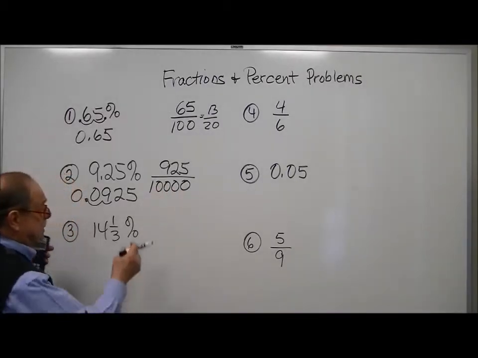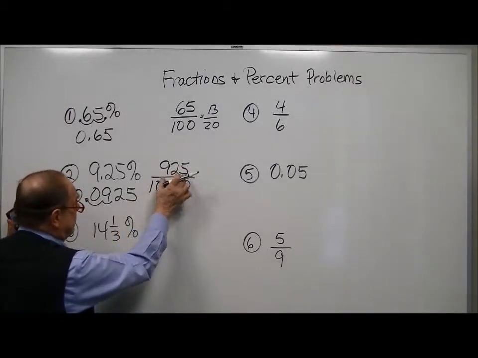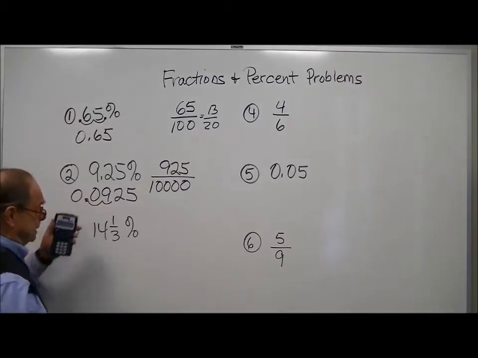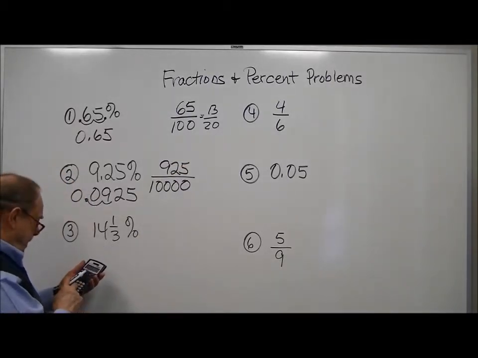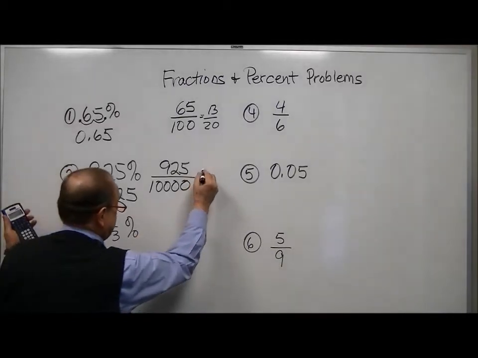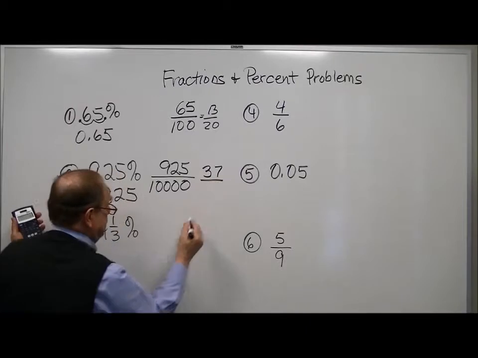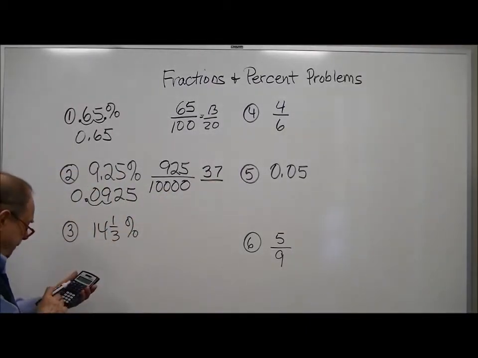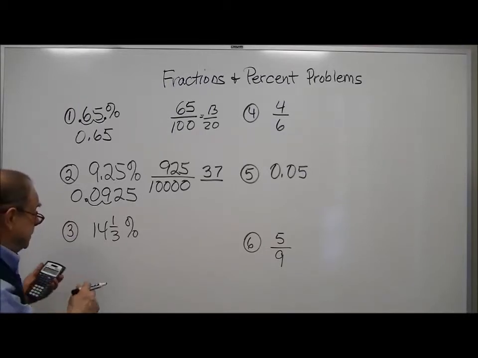Well, actually, as I look at this, I can take a 25 out of there. So let's try that. 925 divided by 25, all right, that's going to be 37. And out of 10,000, that's going to be 400.